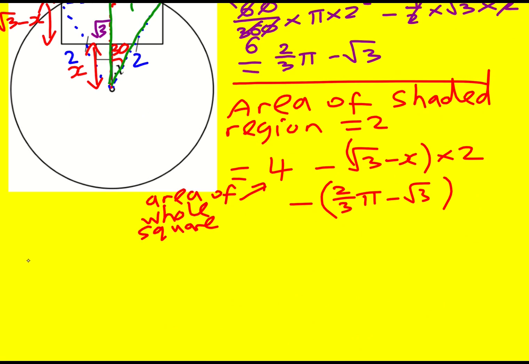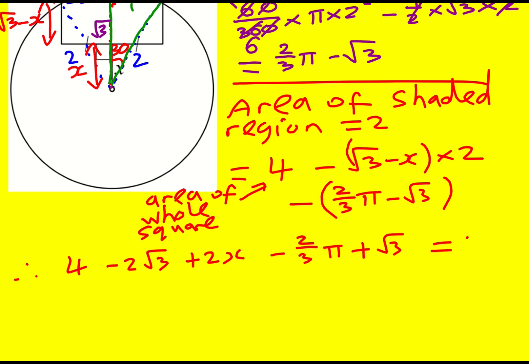So we can sort this out. It's going to be 4 minus 2 root 3 plus 2x by multiplying this bracket out, and minusing 2/3 pi, adding root 3, because there's a negative and a negative here, and that is going to equal 2. I can tidy this up. Actually, I'm going to just leave it.